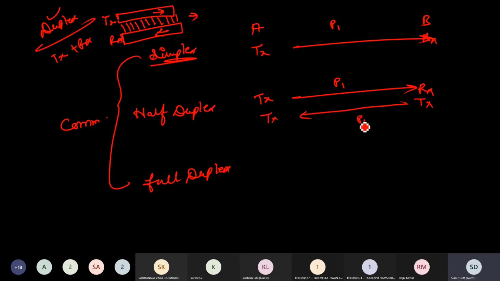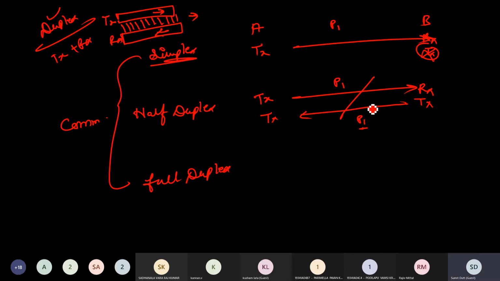This is my physical path. In simplex, B will never transmit or acknowledge. In half duplex, B will also transmit but on the same physical path, so it won't be simultaneous communication. It will be one at a time.